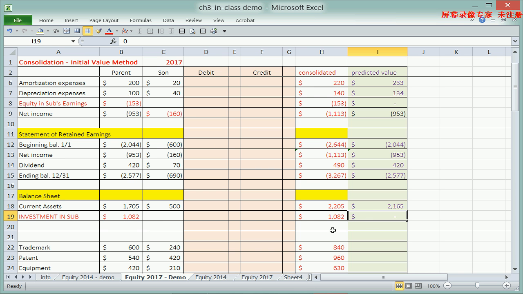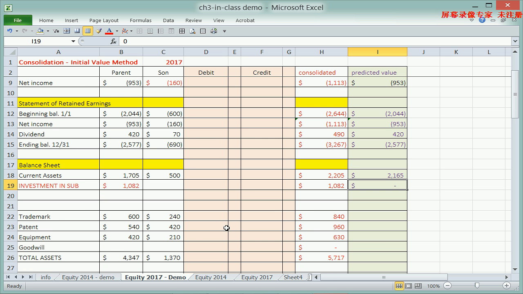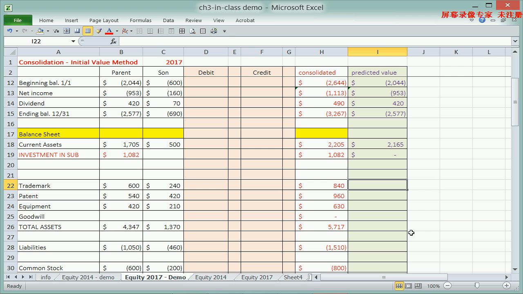So we do not want this added to the whole entity, because we add the parent and the sub's assets and liabilities and performances together. We will see this at the end of the video. A moment later, I'm going to show how the investment account is composed. Trademarks are the same. So basically the two companies' numbers add up.